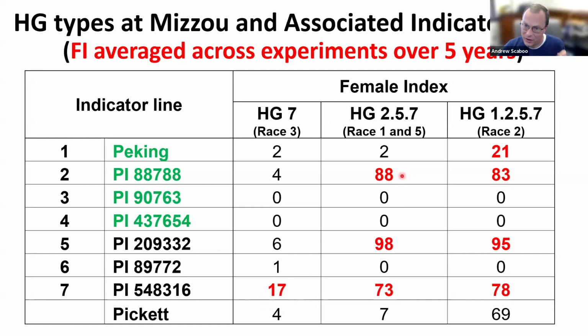But if farmers in your field have a HG257, that means that you have at least 10% of those nematodes overcome 88788 type resistance. The population that we use, 88% overcome this type of resistance. And if you move to the most virulent HG type, that is HG1257, we have 20% of those nematodes, 1 out of 5, can reproduce and overcome Peking type resistance.